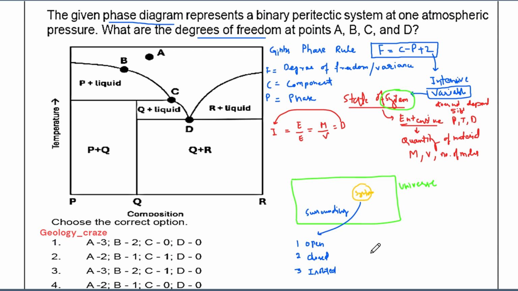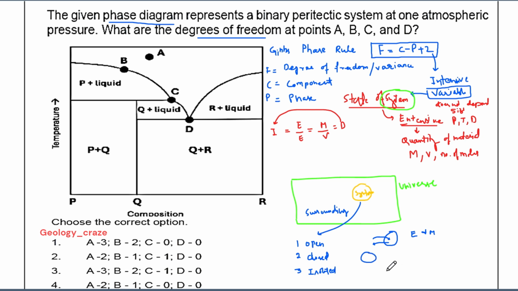Open system means suppose this is our system and it is surrounded by the surrounding. If there is change from out to in and in to out, that means energy and matter transfer to and from the system and the surrounding, both ways. We call it an open system. Next is the closed system.